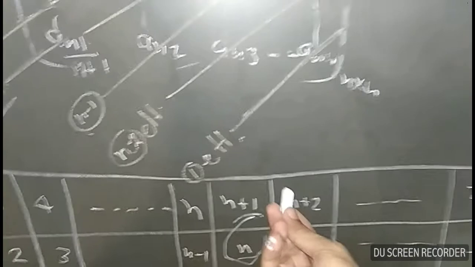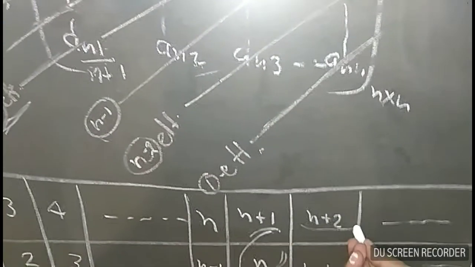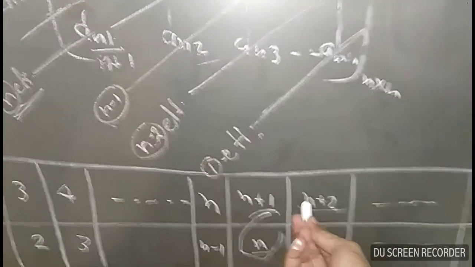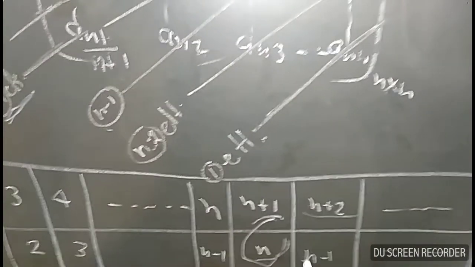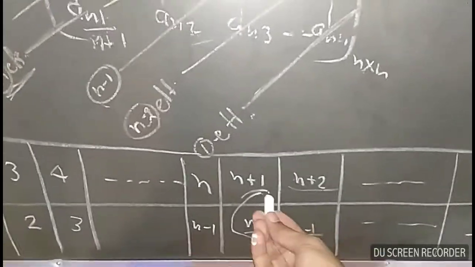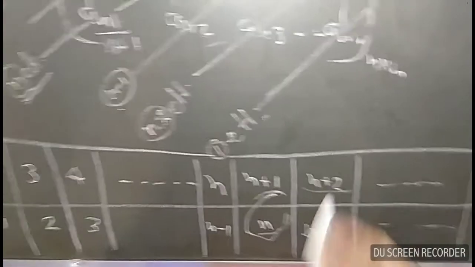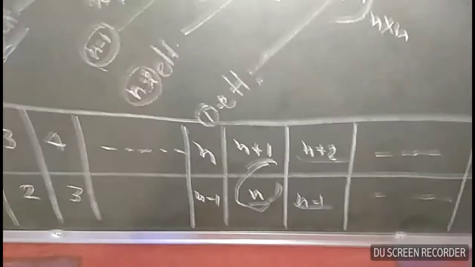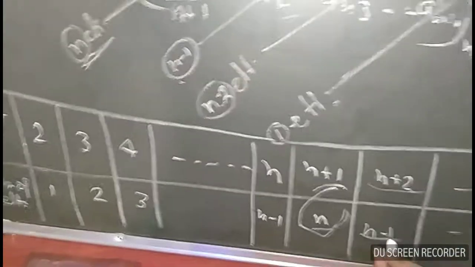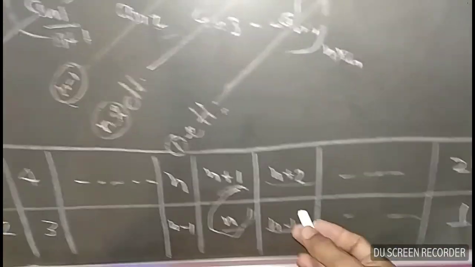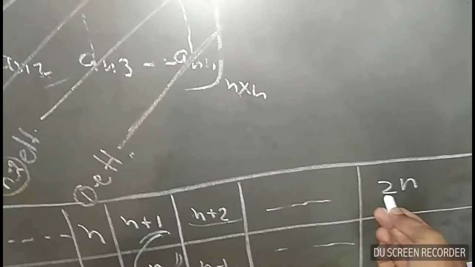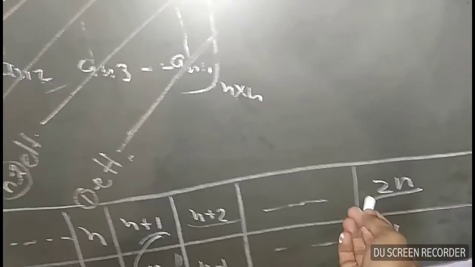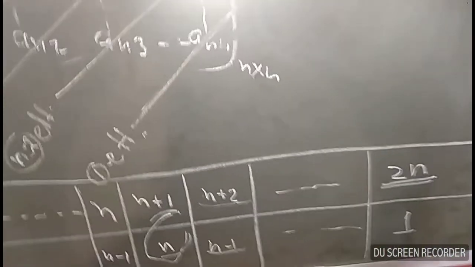Similarly, we continue this procedure. Once we come below the principal diagonal, the number of elements in the diagonals decreases: n minus 1, n minus 2, and at last, when the sum of row number and column number is 2n, we get only 1 element.